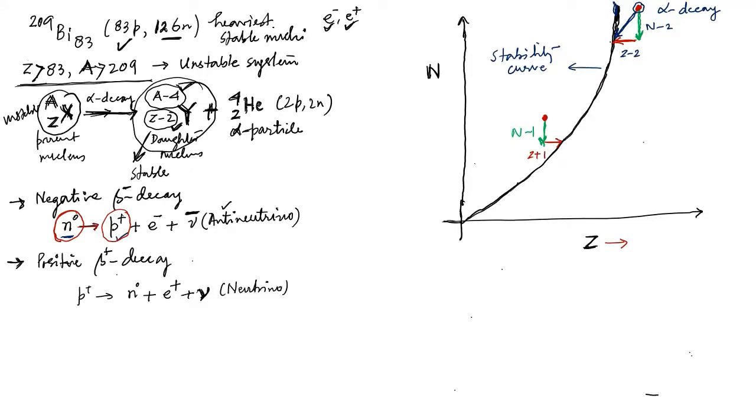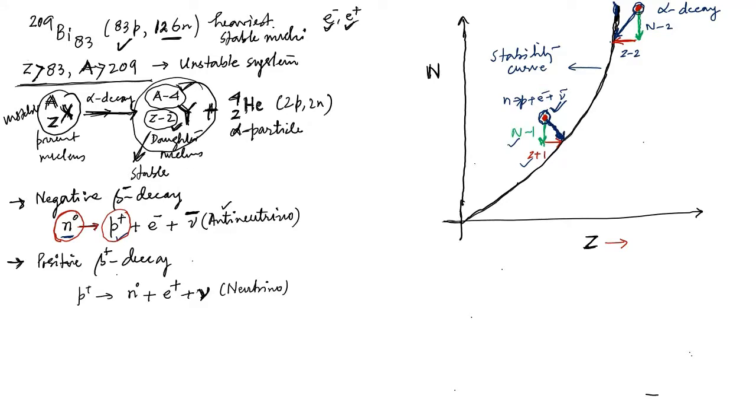Finally, a system which was here comes to here, it does a neutron going to proton plus electron plus antineutrino, and the system which was not on the line of stability, by doing N minus 1 and Z plus 1, that is negative beta decay, comes to the line of stability.